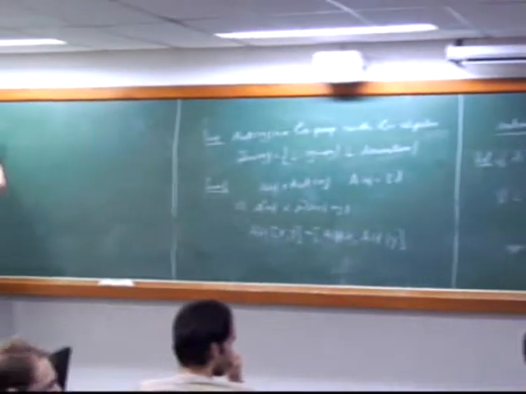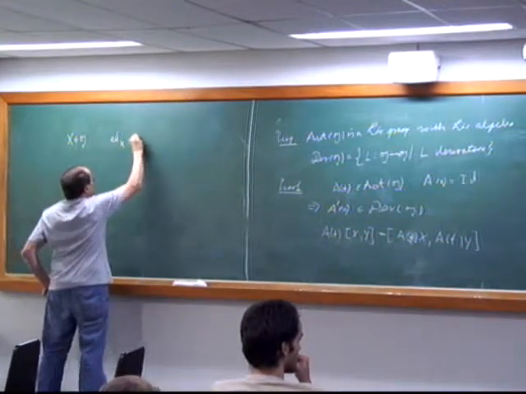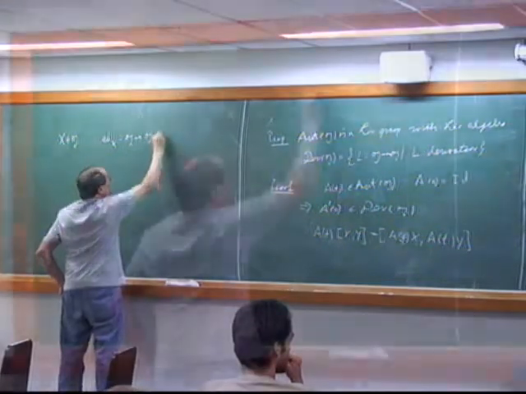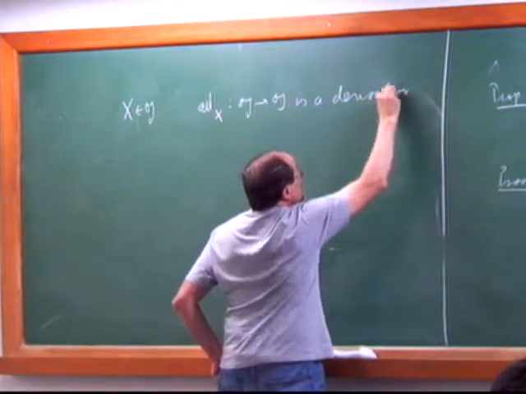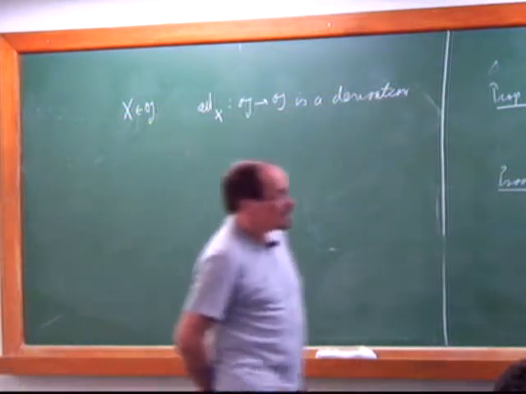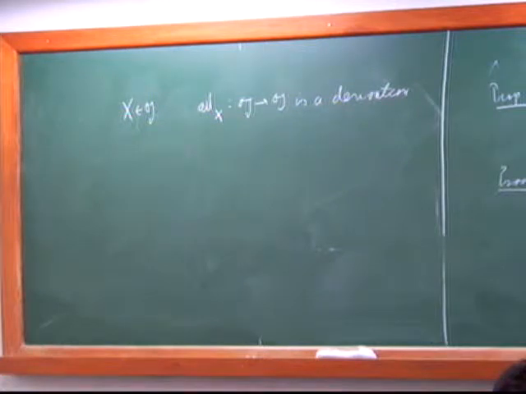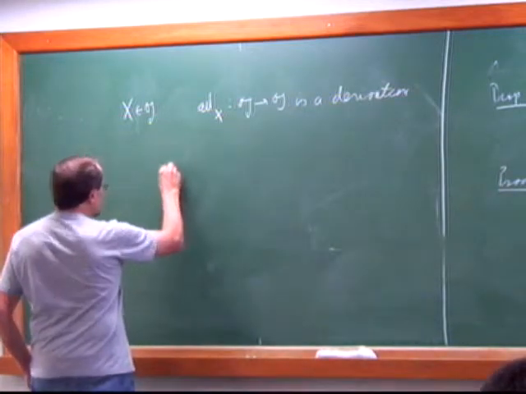So notice that if I take x in the Lie algebra, then ad x from G to G is a derivation. So I claim that, let's look at it like this here. So what does it say? ad x, ad y.